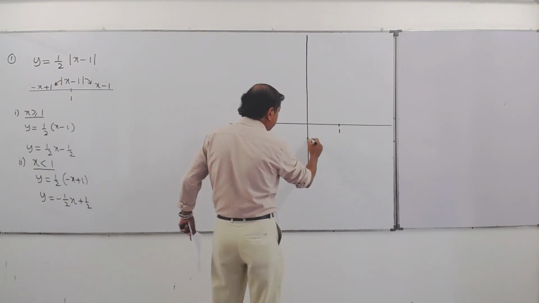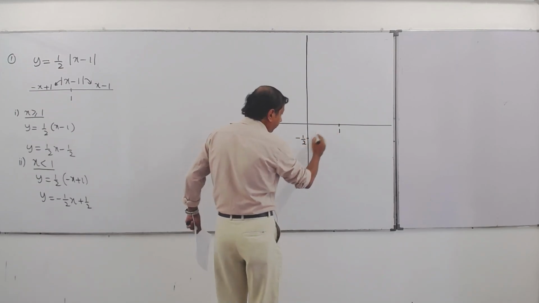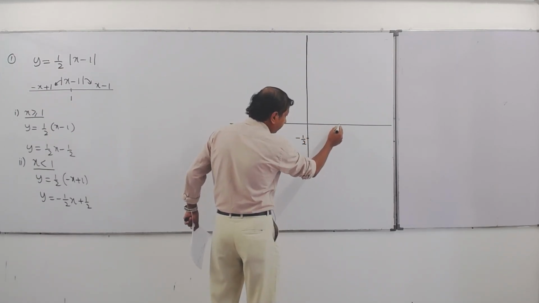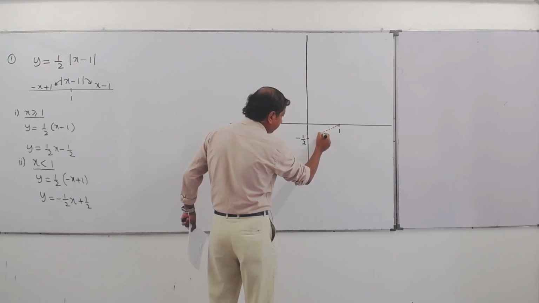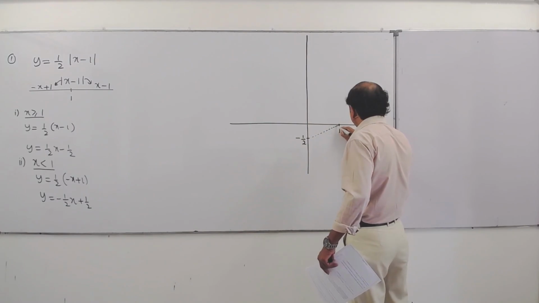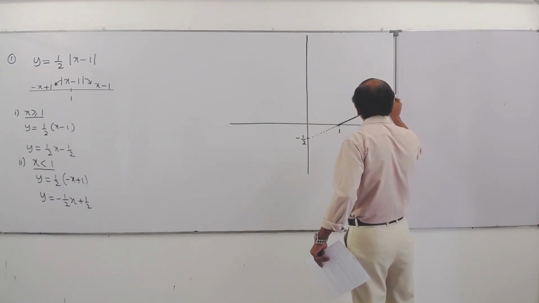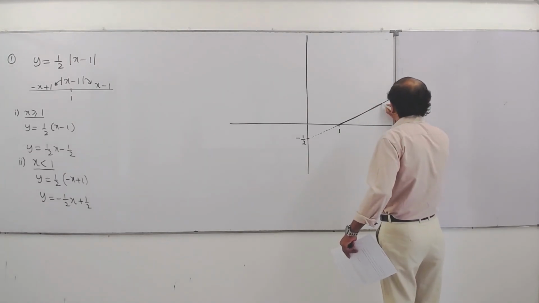Then we have to join these 2 points, and the line should be produced this way. This is the required line.